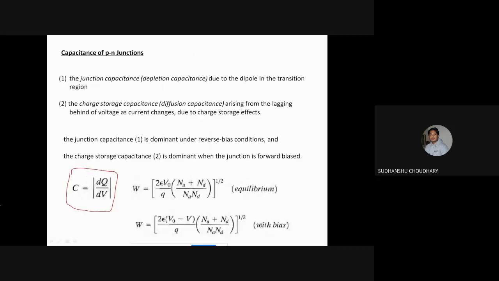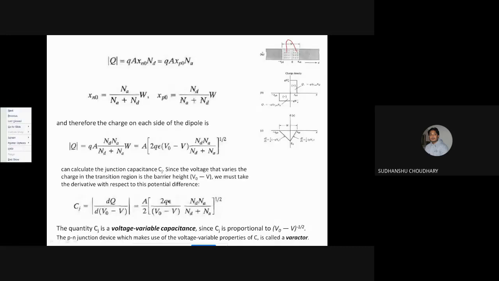If you increase the reverse bias, these charges also increase. So that is why we had a capacitance effect there also, that is dq by dv. So capacitance appears at the junction because of the charges present at the junction. That was for depletion charges, or depletion capacitance.